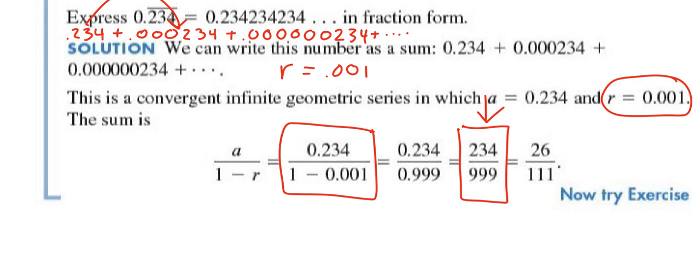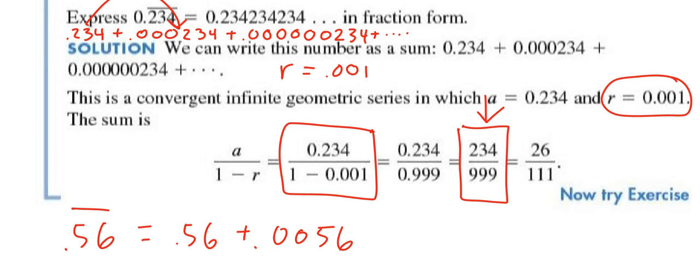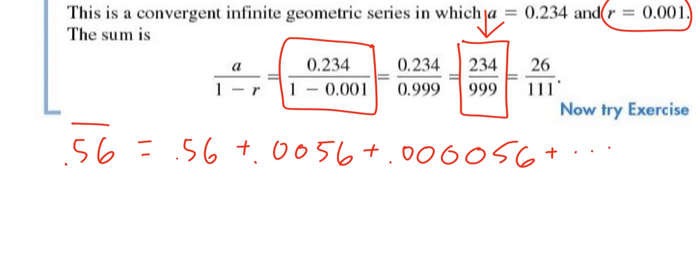What if we looked at 0.56 repeating? That would be 0.56 plus 0.0056 plus 0.000056 plus... What's the multiplier in that particular situation? 0.01.